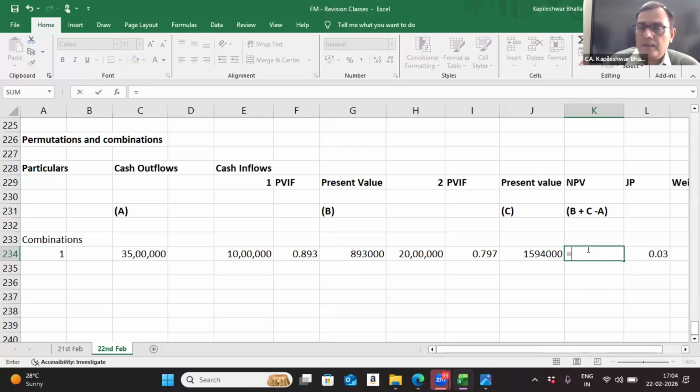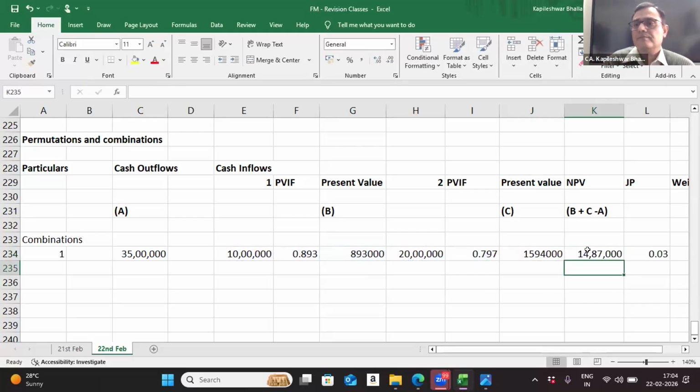So can I say NPV is going to be the sum total of this cell plus this cell and minus this cell. I hope the figures are correct, right? So I've taken the sum total of the inflows for the year 1 and 2 minus the cash outflow.